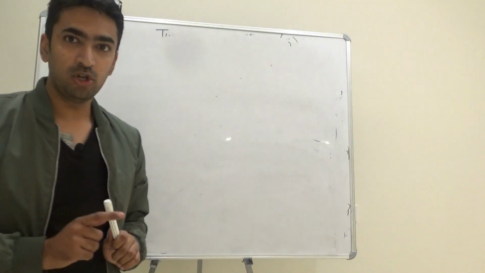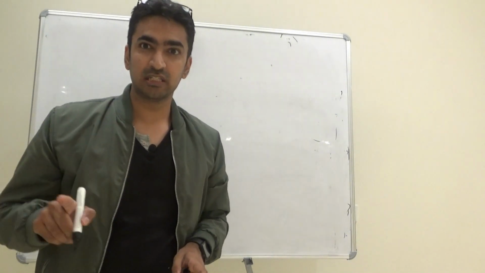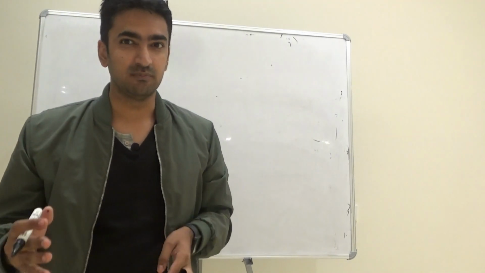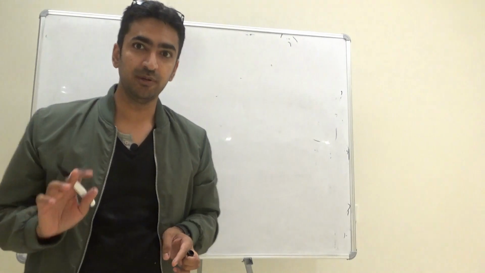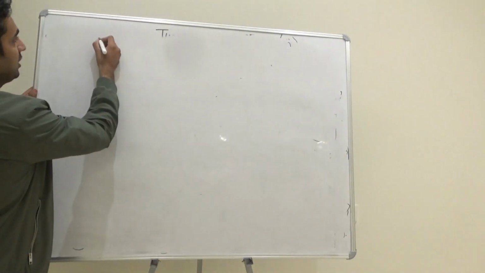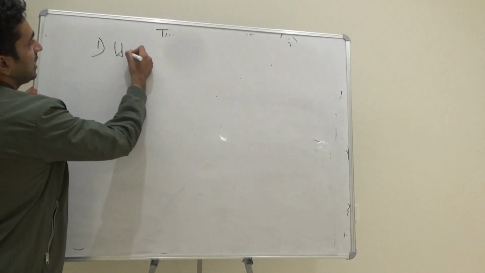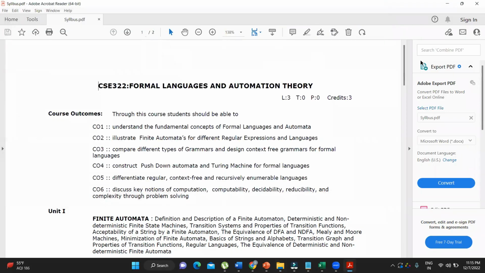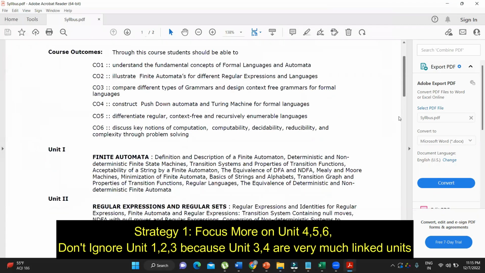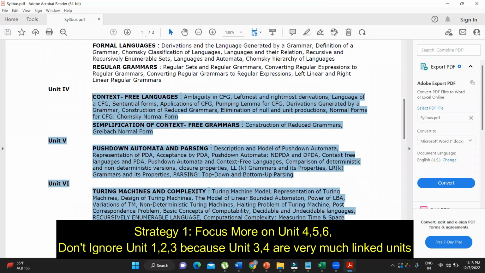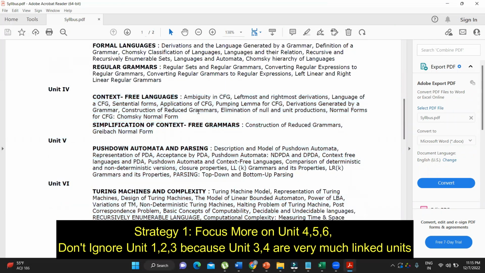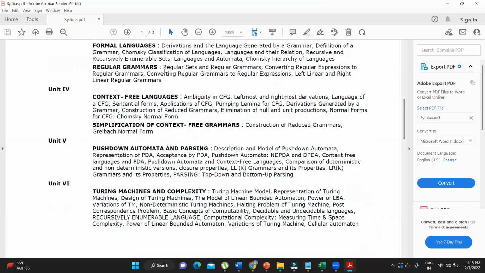Now, as we all know, you are studying after midterm. After midterm, there will be 3 units that you need to cover. So the first strategy is your units to cover. In your entire syllabus, there are 6 units, but there are 3 units, unit number 4, 5 and 6, that are studied after midterm and contain maximum weightage.